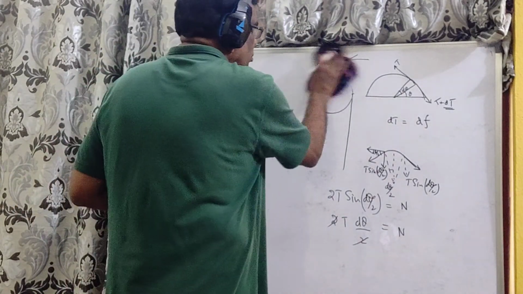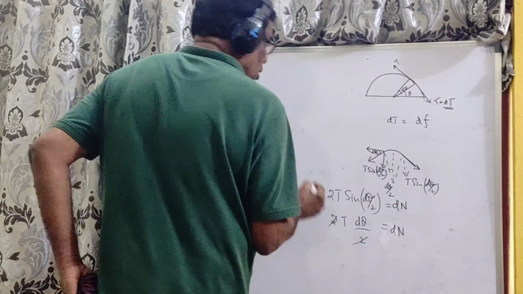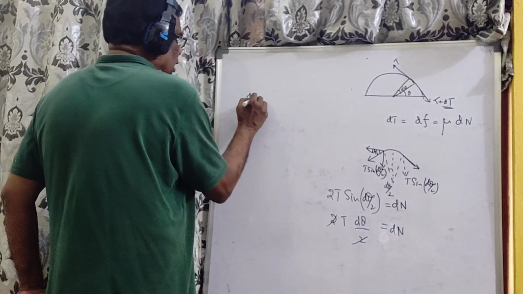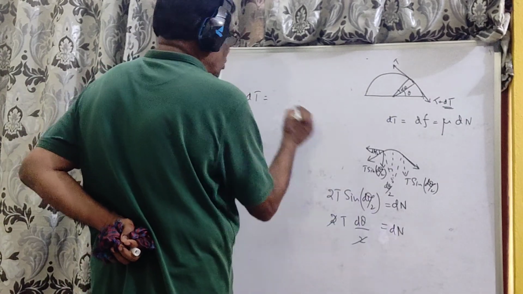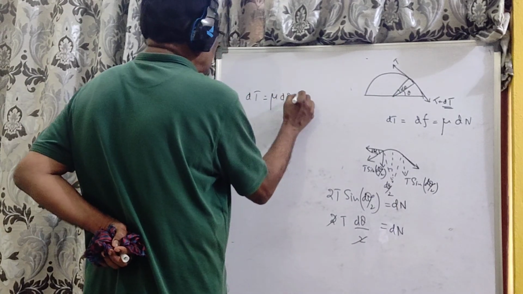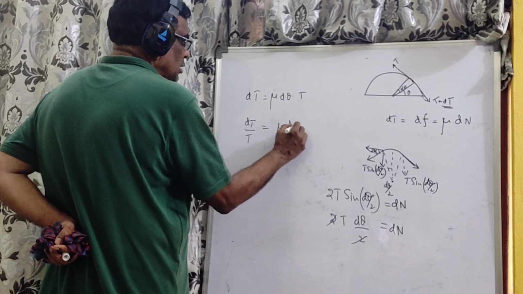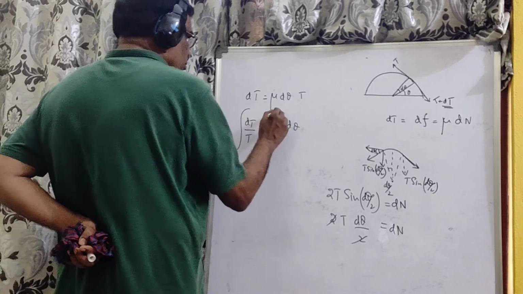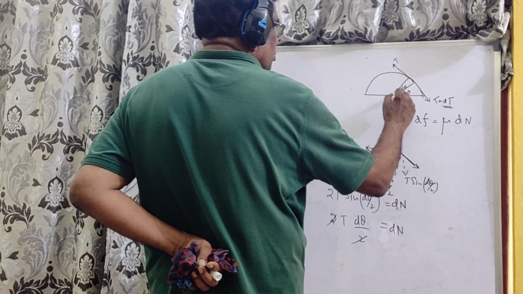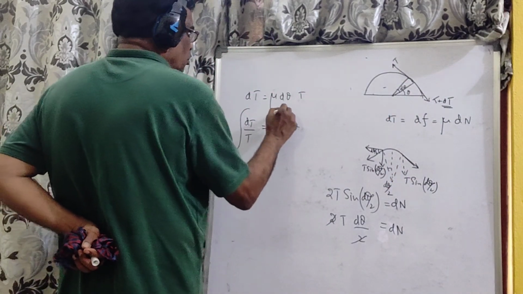Then N means here dN, but that's small. So dF is equal to, it is about to slip, so mu dN. dT is equal to mu dN, dN is T d theta, or dT by T is mu d theta. Here, where are you going from? 0 to pi.